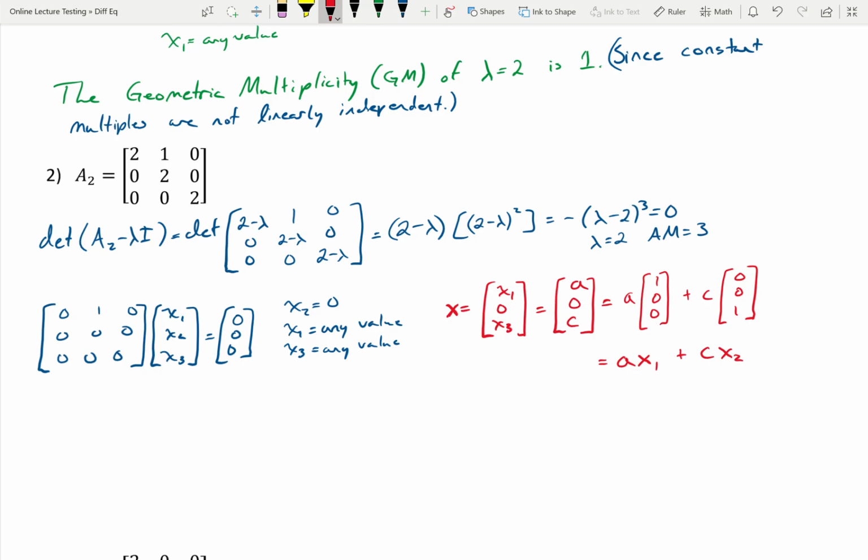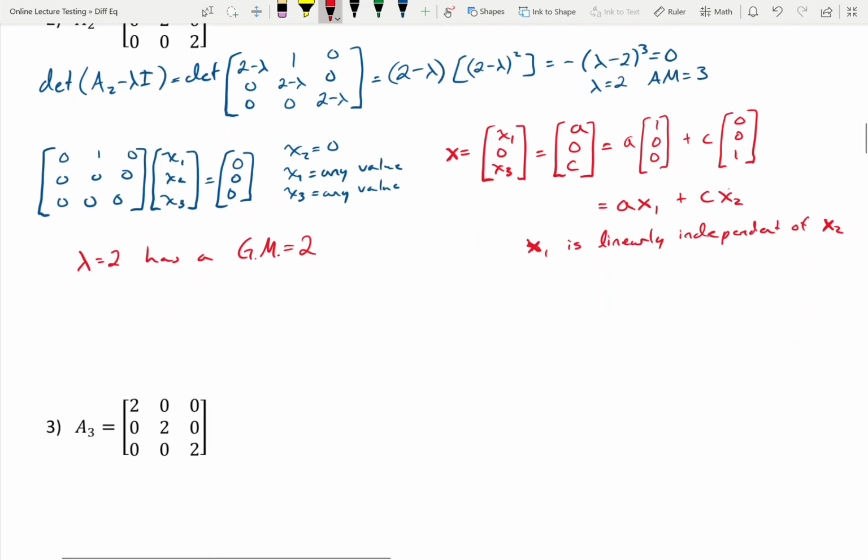So lambda equal to 2 has a geometric multiplicity of 2, because we have two associated eigenvectors that are linearly independent of each other. Okay, so x1 is independent of x2. And here again I'm trying to use bolded letters to represent the eigenvectors for that case.